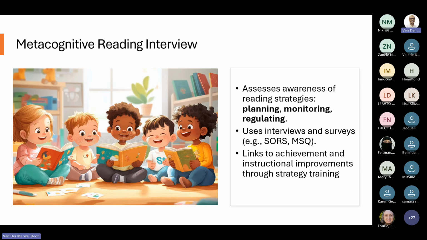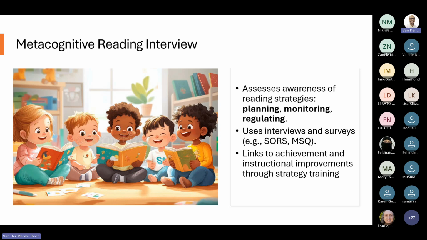And so what it looks at is basically planning. Do your case child think about their goals before reading? For instance, skimming the comprehension that you will be giving your case child for key points versus carefully analyzing the comprehension. It also looks at monitoring.